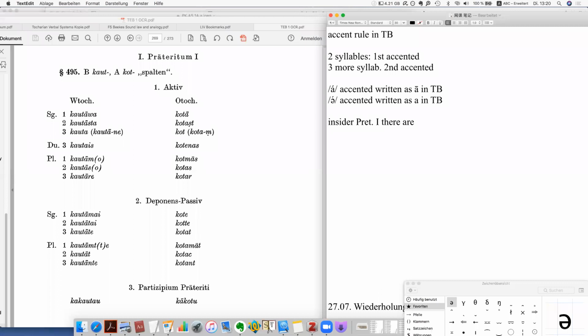We're not going to talk about the details, but I will introduce them in great detail in the Tocharian grammar which I'm going to publish.